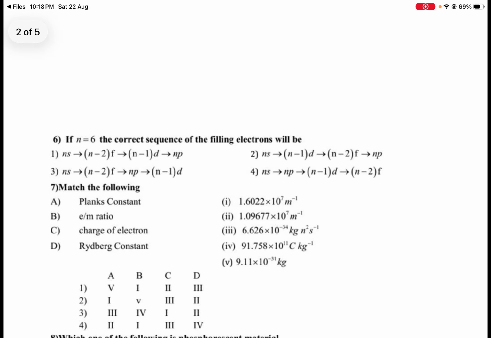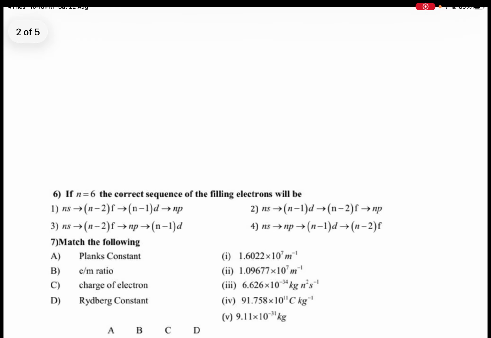Next, sixth one: if n is equal to 6, the correct sequence of the filling of electrons will be.